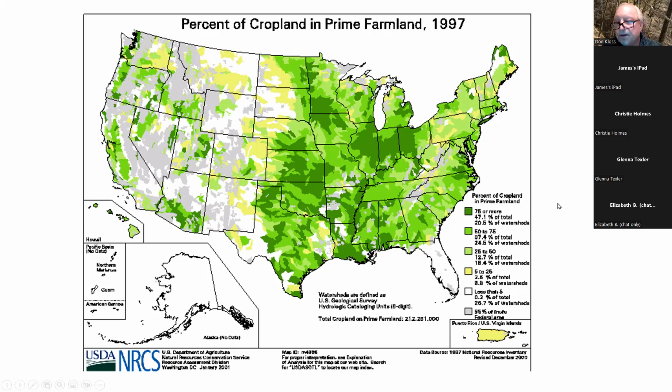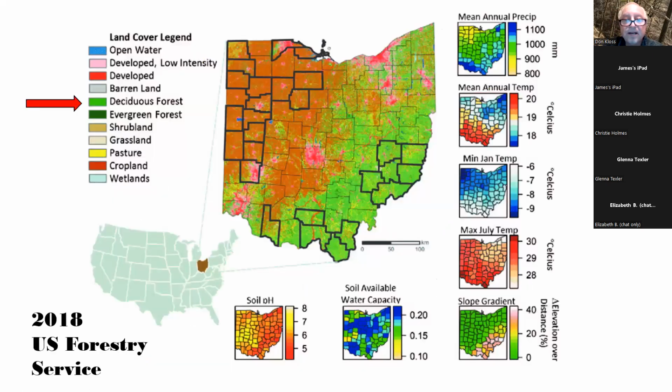And now, surprise, fast forward to 2018, here's a U.S. Forestry Service map that shows land usage. And if you see all that green, that's all deciduous forest. The forests are actually rebounding. The forests are coming back.